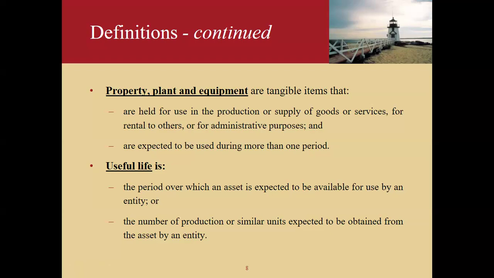For example, in terms of production, maybe the machine is making books and it is supposed to produce over 10,000 books or 20,000 books for the period, it will be useful to us. That's how we are going to determine its useful life over time.